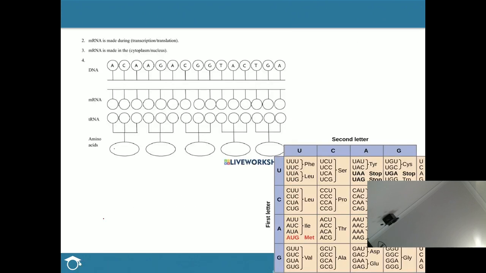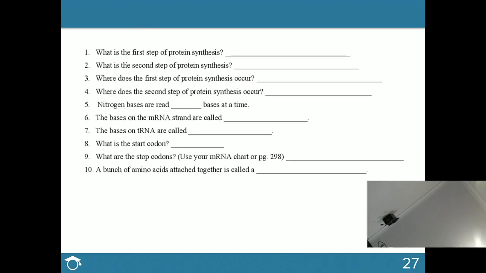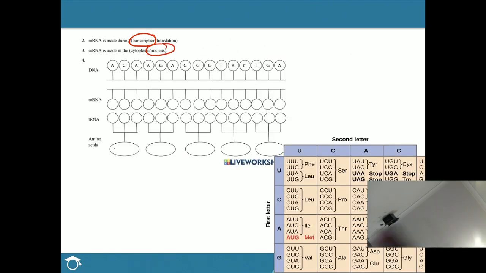Then I've got another one for you guys to practice very, very quickly. mRNA here is made during the transcription process, and mRNA is made in the nucleus of the cell. So once again, same thing.